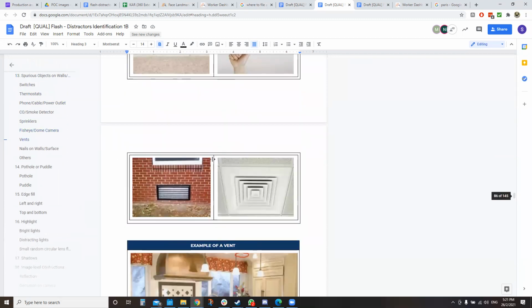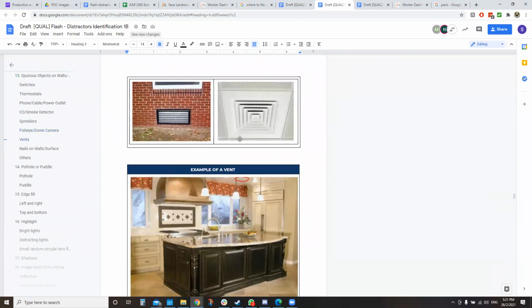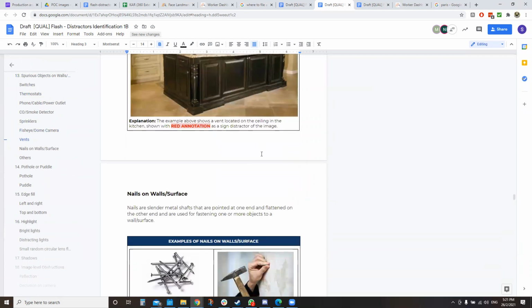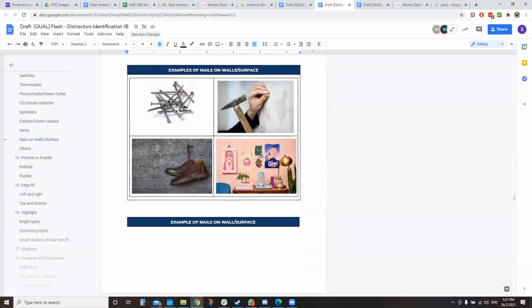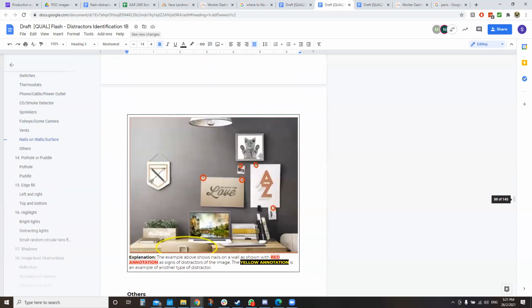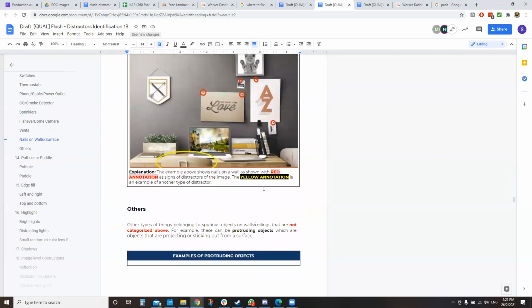Vent, this one you will see a lot, and be careful, because there'll be a lot of vents. Nails on wall, this is also important. If you can see nails visible on the wall, annotate all of them.